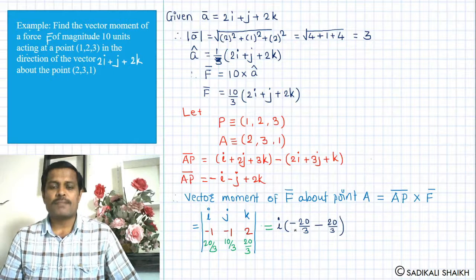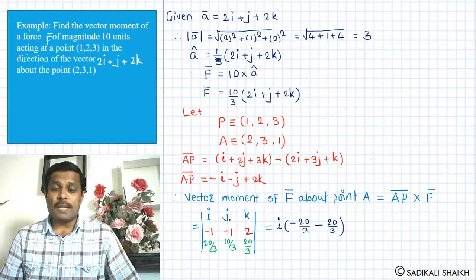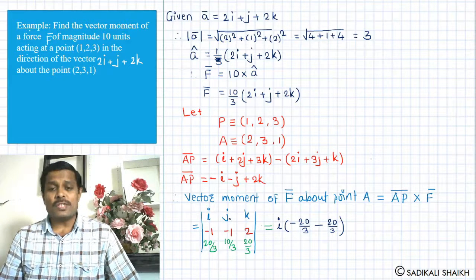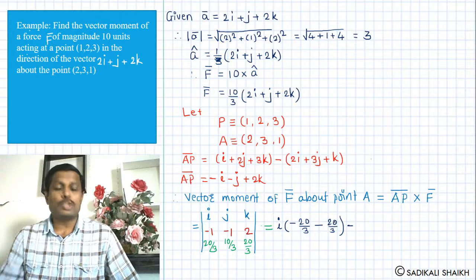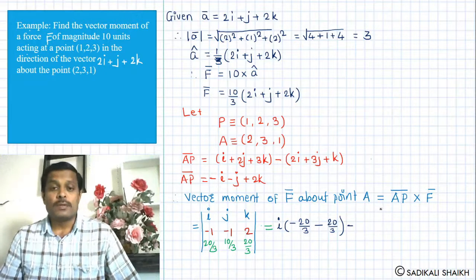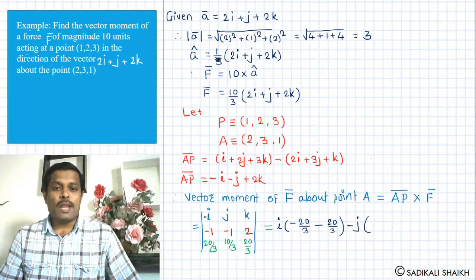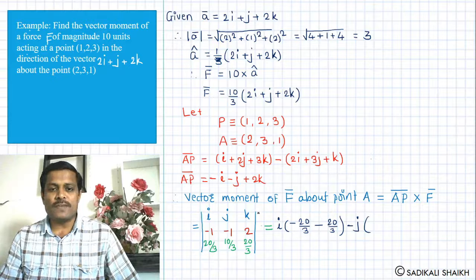Complete the bracket. Now you go for the second element of the first row. While considering the second element of the first row, you have to give the minus sign. This is the rule for evaluation of a determinant. So it is J. Now you just ignore the first row and second column.